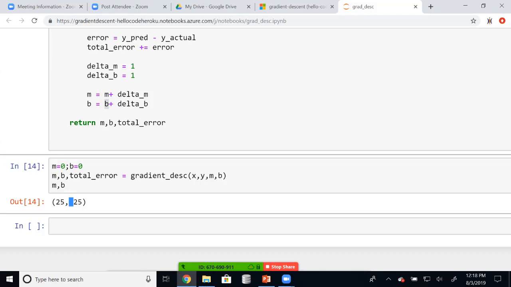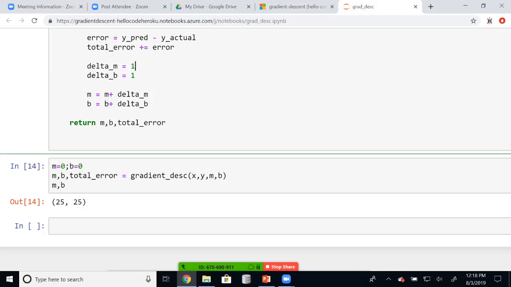Okay, so ideally what we want to do is have delta M and delta B that makes sense. We want to adjust delta M and delta B based on the errors that we are getting, right? That should be the intuition, that we need to adjust the delta M and delta B such that the error reduces. So it should be also dependent on the error itself.